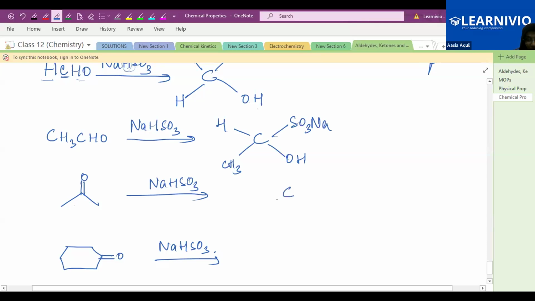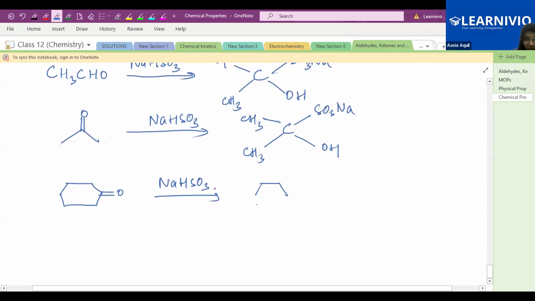SO3Na and OH, and here CH3 and CH3. Okay. And what about this one? OH and SO3Na. To the same carbon, we have to attach SO3Na. Clear?